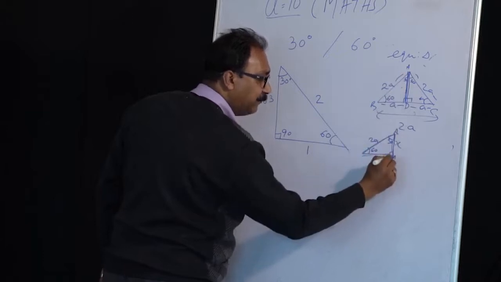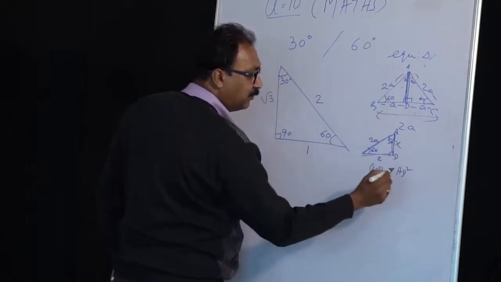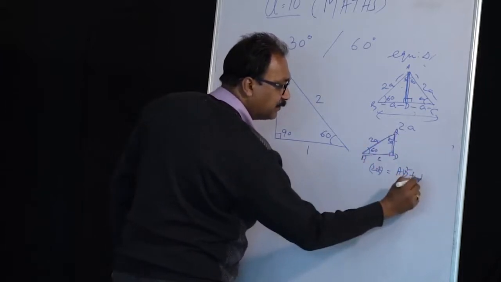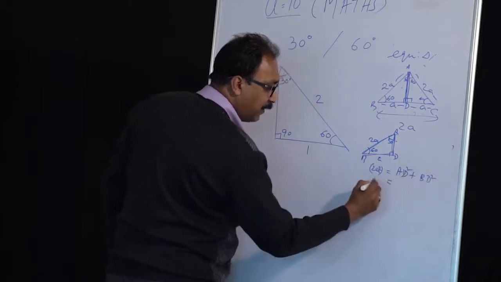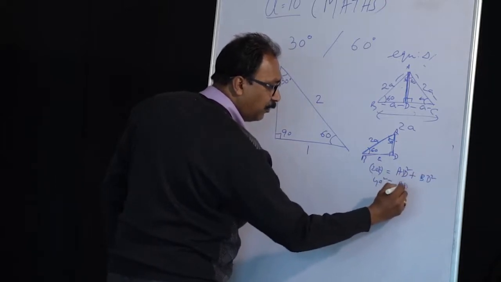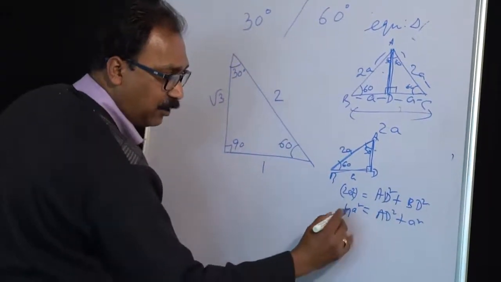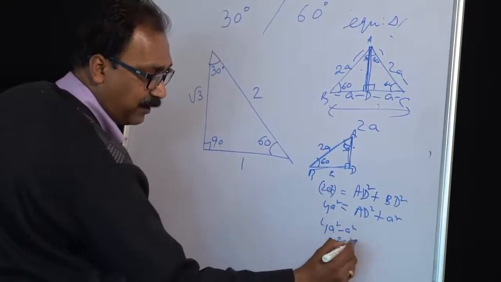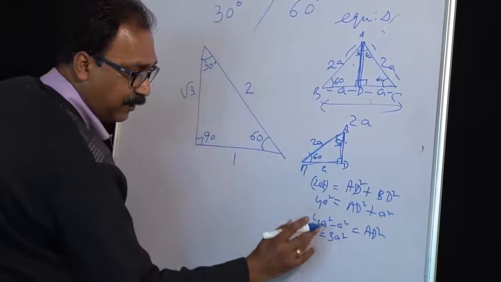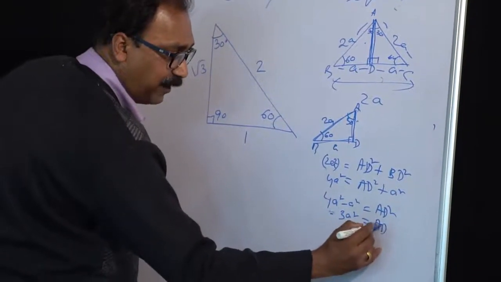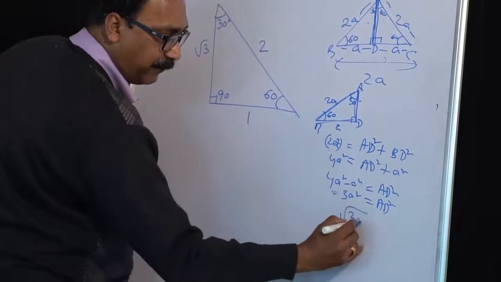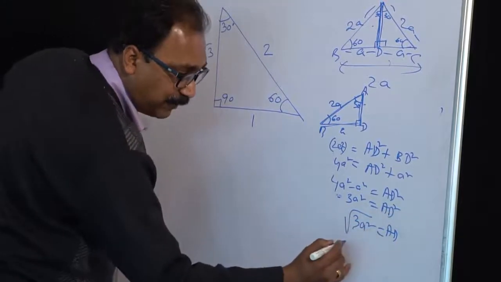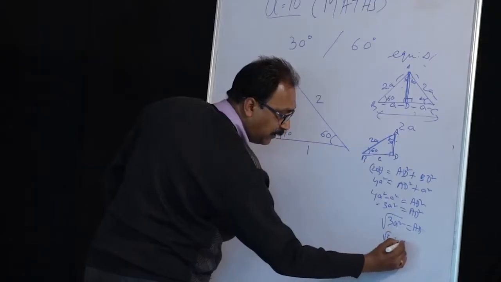So AD square plus BD square equals 4A square, with BD as A. So we bring this side: 4A square minus A square becomes 3A square, and this side is AD square as it is. Now you want to find AD, a distance, so the square root of 3A square equals AD. So AD becomes root 3 A.